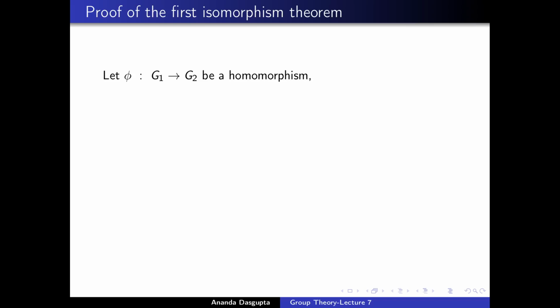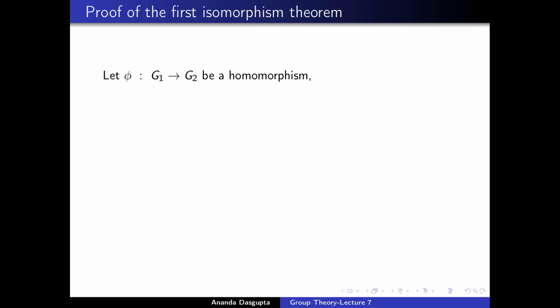At this point, let me remind you that when we defined a map to be a homomorphism, we insisted on two things. One, that it preserve the multiplication structure of the groups. That is, of course, the most important point, but we also insisted that it is an onto map.